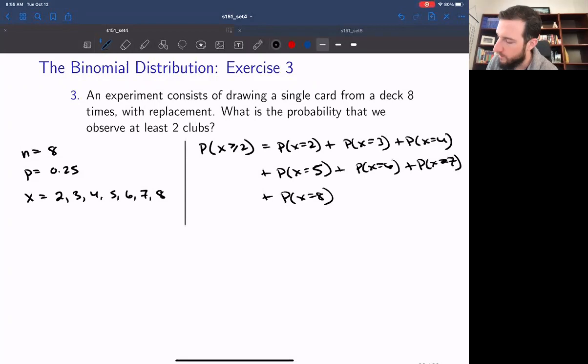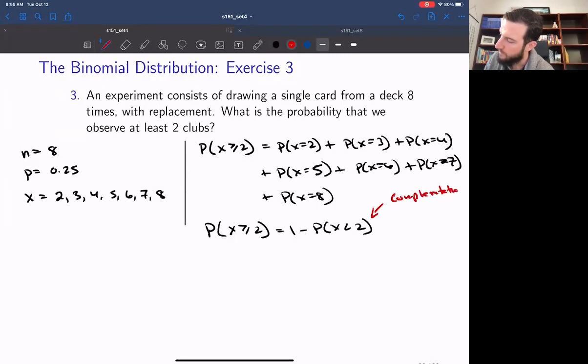The other thing that we can do is recognize that the probability that x is greater than or equal to 2 is 1 minus the probability that x is less than 2, right? And then this is our complementation rule. Okay, now the value of this is we now have the probability that x is less than or equal to 1.